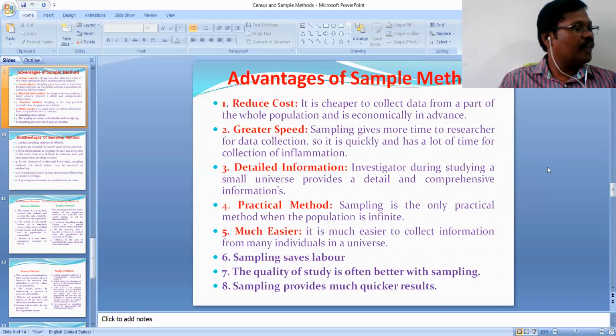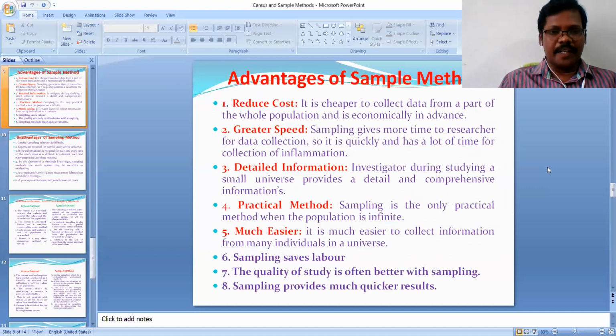If we are not going for the sampling method, we have to go for the census method. The census method is more expensive, as I already told you. So when we go for the sampling method instead of the census method, it definitely reduces the cost. It is cheaper to collect the data from a part of the whole population, and it is economically very advanced.